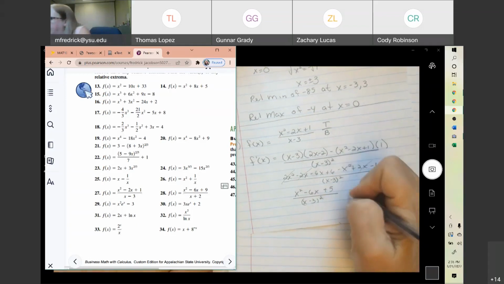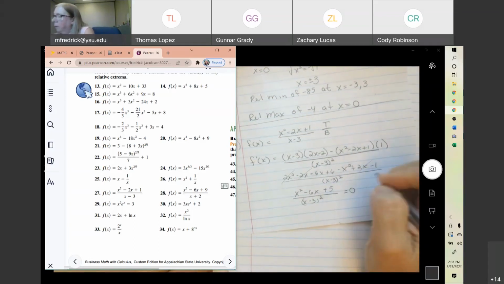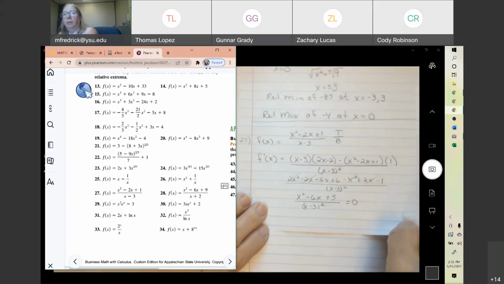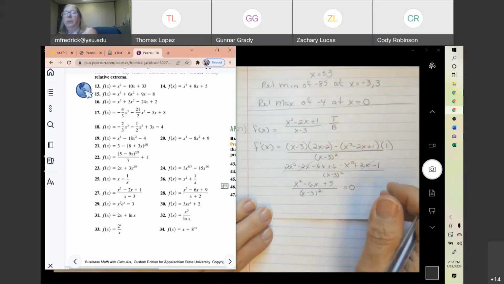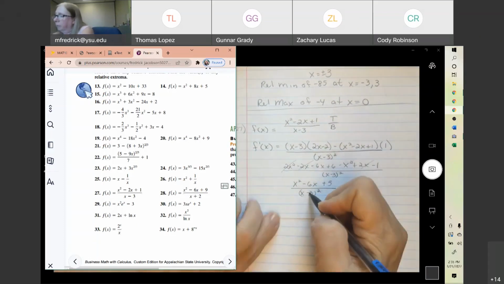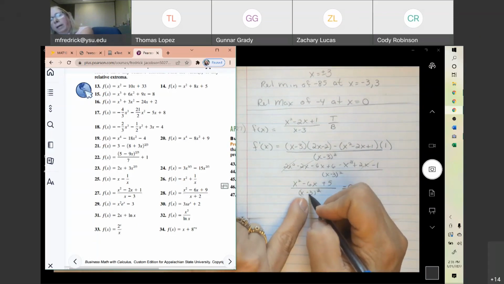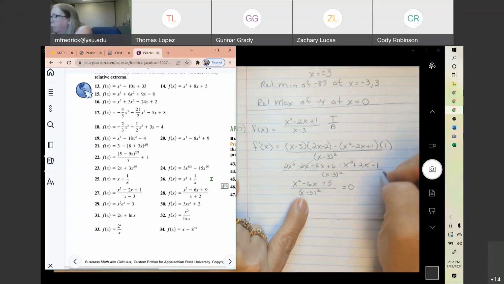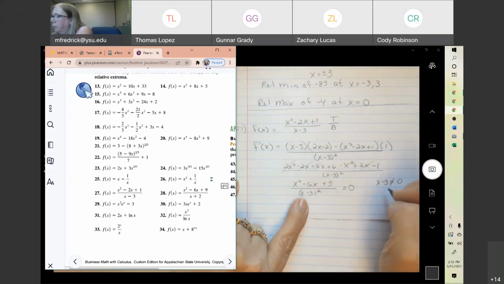Okay, we will set this equal to 0. Now, remember we talked about the critical numbers are where it equals 0, but it's also values where it doesn't exist. Well, if we look at this for the domain, if x is 3, we will have 0. So we know that x minus 3 cannot equal 0, or x cannot equal 3.